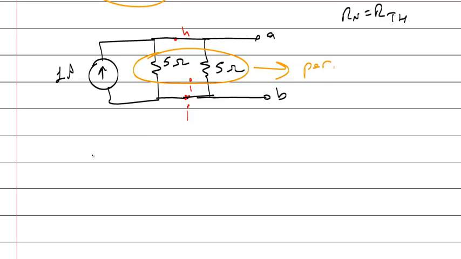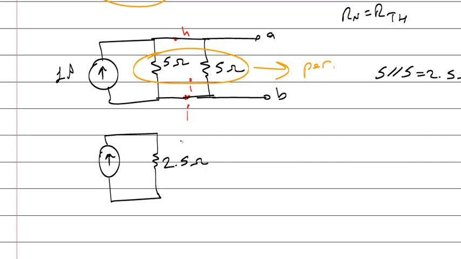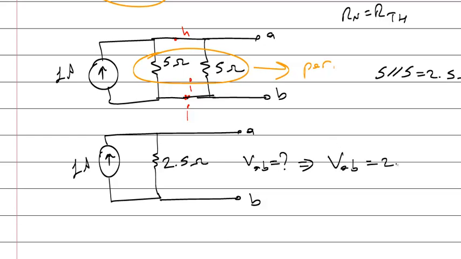I can combine them. 5 paralleled with 5 is 2.5 ohm, 2.5 ohm, and these points A and B. And then voltage AB. Question is, what's voltage AB? Voltage AB is the voltage of the resistor. Voltage of resistor is resistance times the current, 2.5 volts.